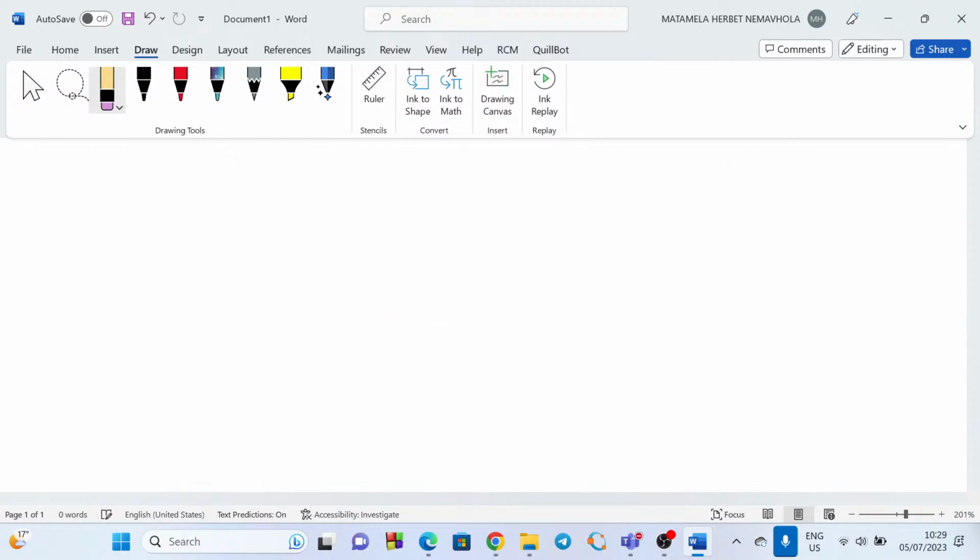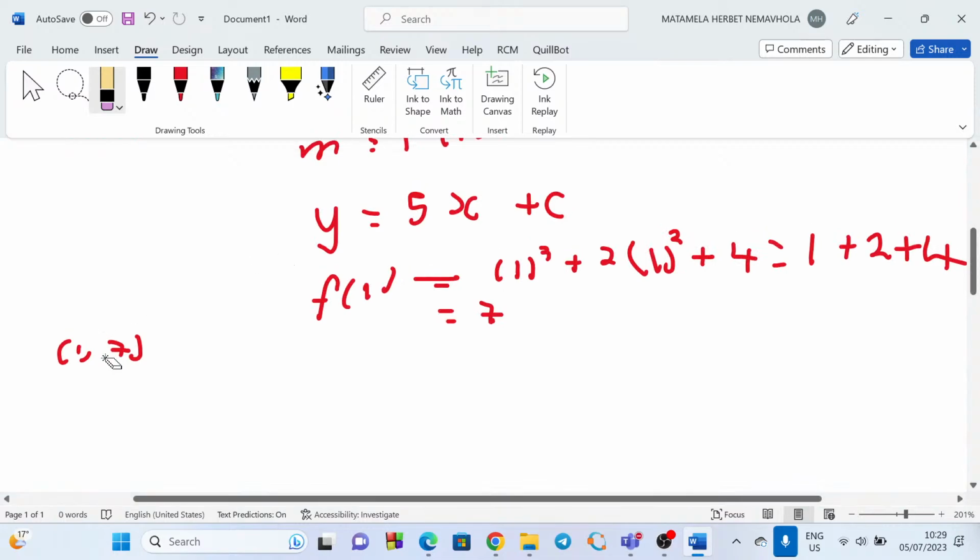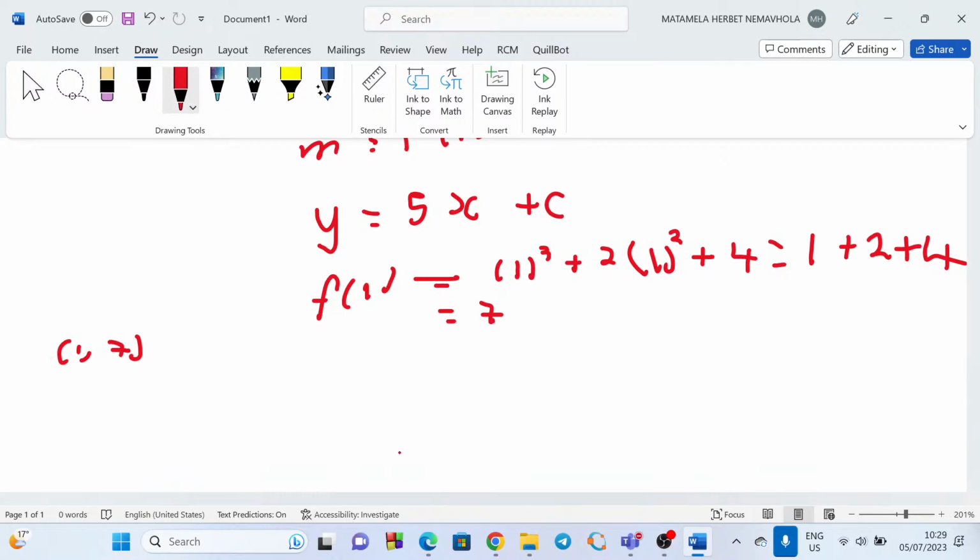So now when we have done that, we have found the values that we can use, the x and y coordinates. So now we can come to our equation. We can substitute these values. We can say 7 equals 5 in brackets 1, we are substituting these coordinates, plus we want to find the value of what?